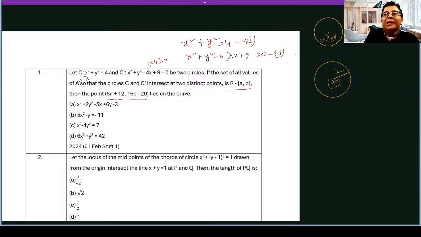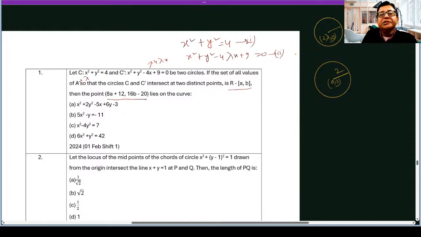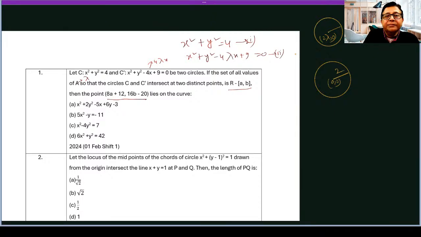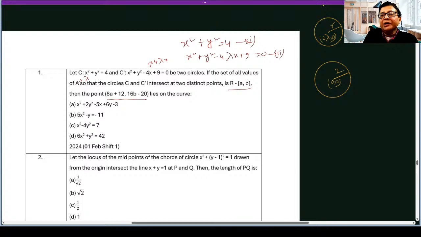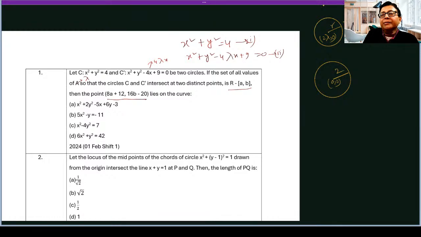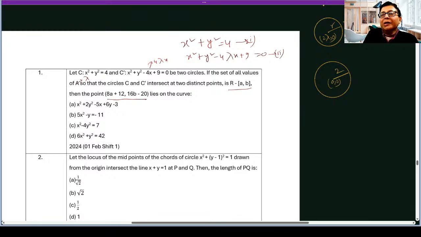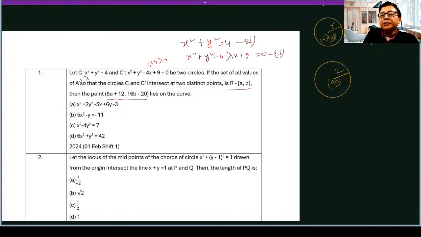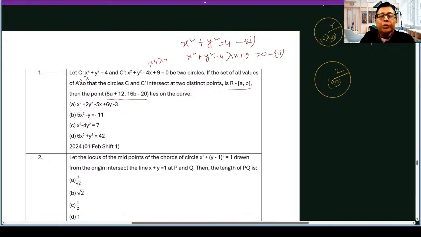And the radius you can also write as under root g square plus f square minus c. G is 2 lambda. So the radius of this is going to be under root of minus 2 lambda whole square plus 0 minus 9, which is under root 4 lambda square minus 9. Everyone can find this. There is no problem in it, isn't it?